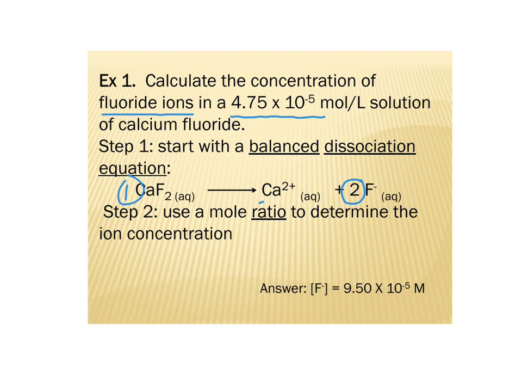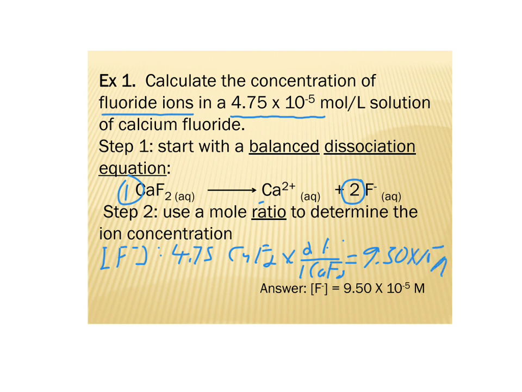So to determine the concentration of fluoride ions, we write 4.75 times 10 to the minus 5 moles per liter of calcium fluoride, multiplied by our molar ratio, 2 fluoride to 1 calcium fluoride, and we have 9.50 times 10 to the negative 5 moles per liter of fluoride ions.